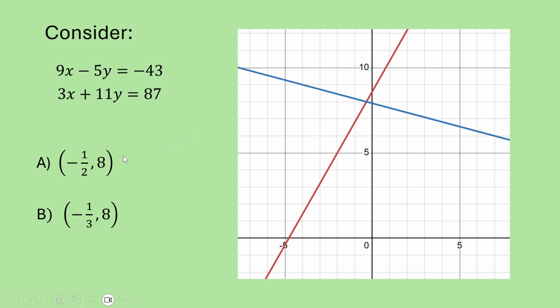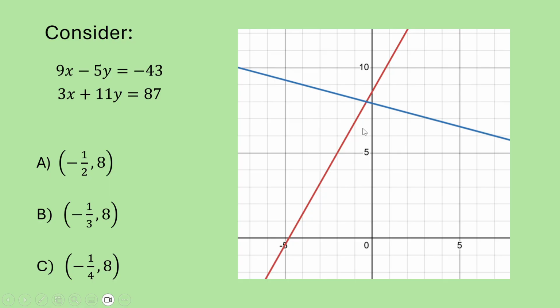So this is a possible solution, or maybe this is a possible solution, or maybe this one is. If this were a multiple choice question on a test, this would be very difficult to figure out because all three of these solutions are actually possible.